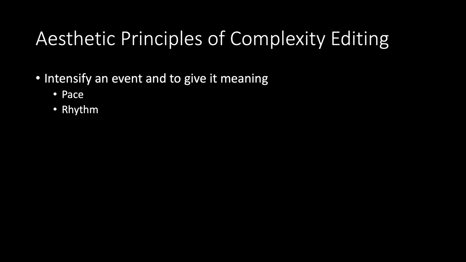All right, so here's a couple of really cool ideas that now get into even more complex areas of editing. Complexity editing: adding in pace and rhythm to the edit. I really like to think of pace and rhythm as being connected to music.